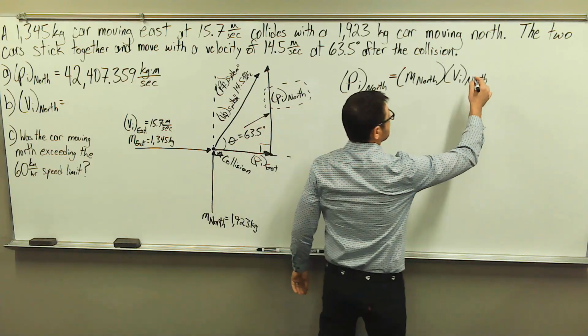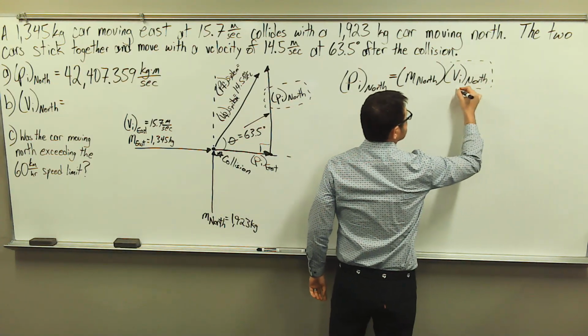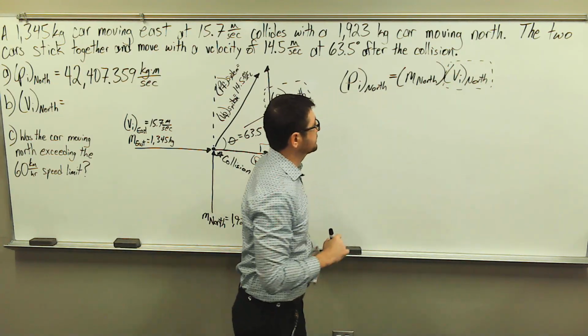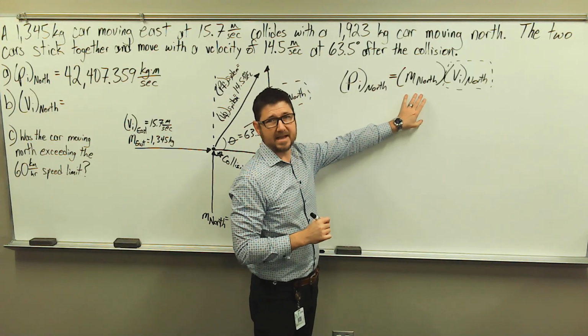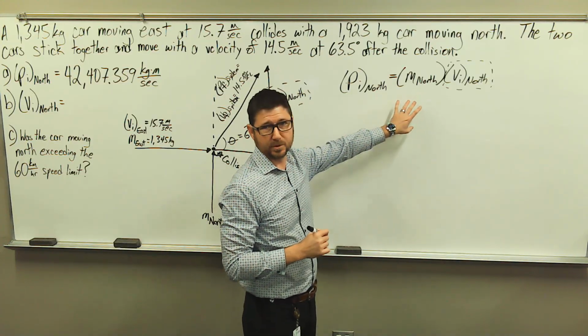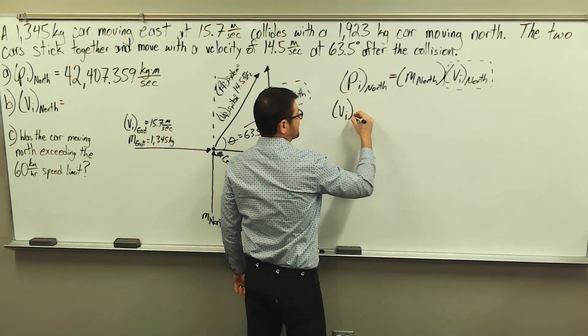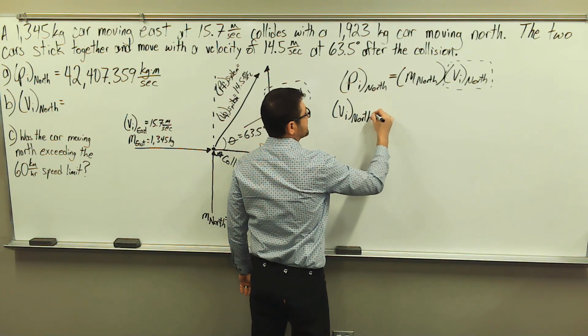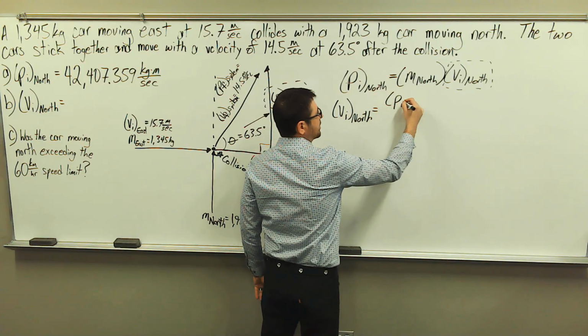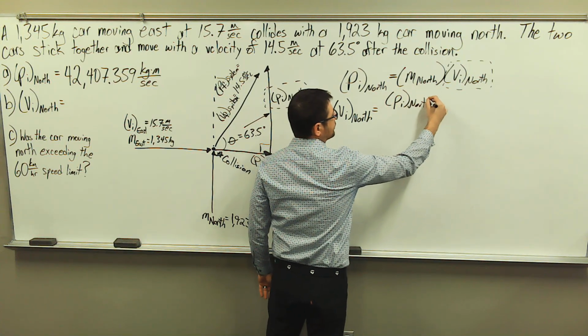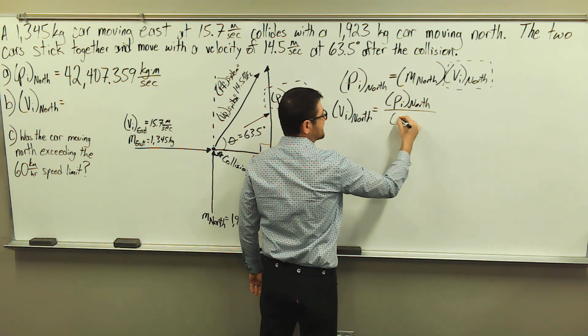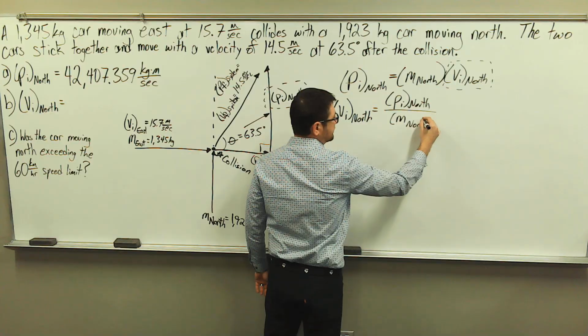So what I'm going to do is isolate this value by dividing by the mass of the vehicle moving north on both sides of the equal sign. This will give us initial velocity of the car moving north is equal to the initial momentum of the car moving north divided by the mass of the vehicle moving north.